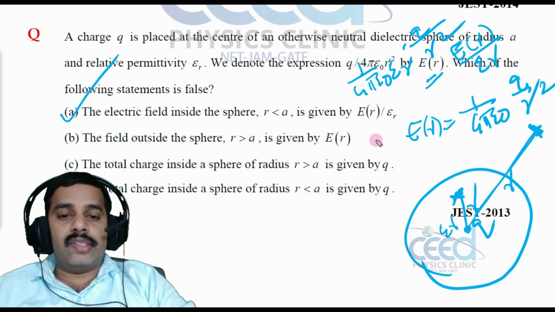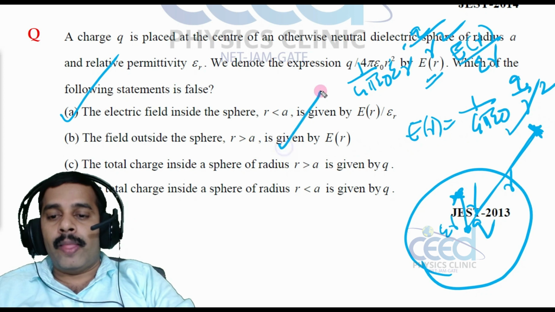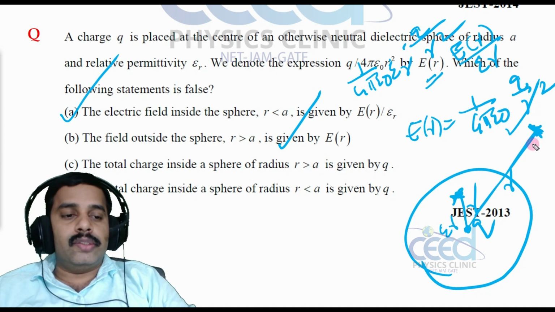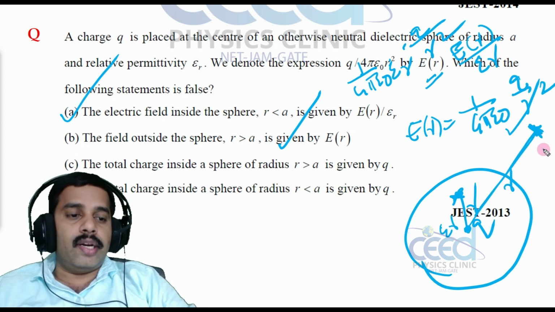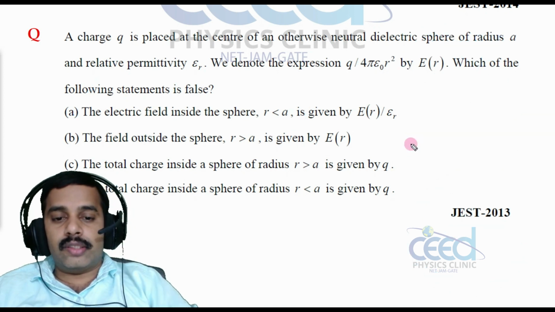So this is also true. The total charge inside the sphere of radius r greater than a is q, because the charge is located at the center, and we consider the entire charge. That is also true.